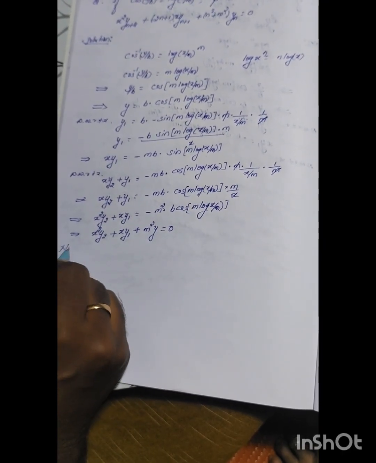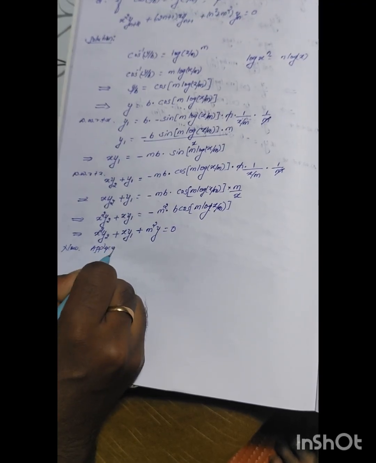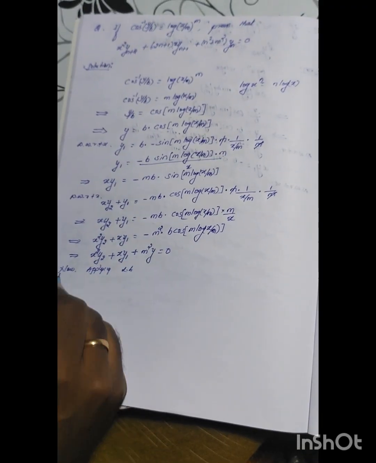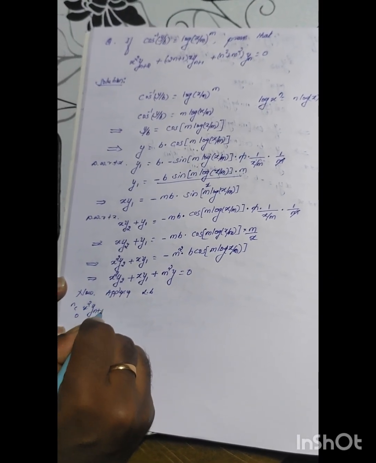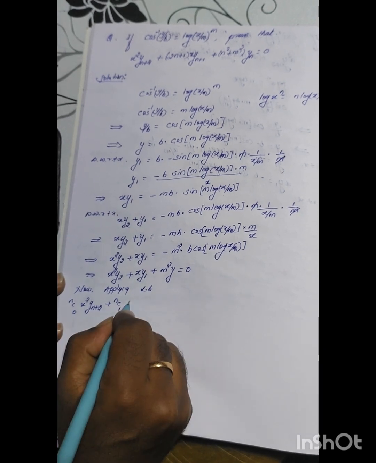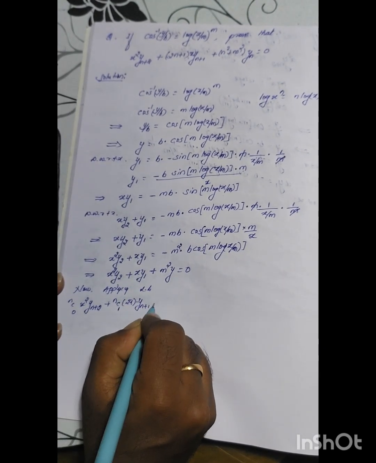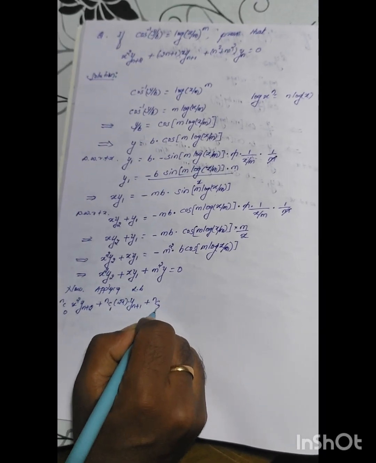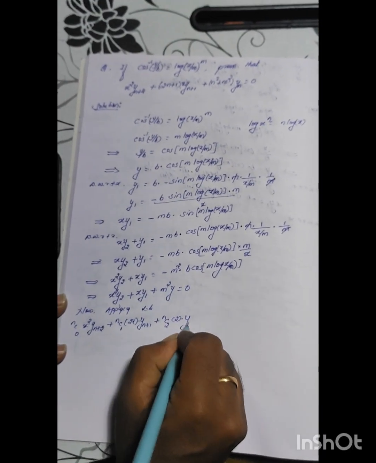Now we will apply the Leibniz rule. Now applying the Leibniz rule, what happens? So this will be nc0 x square into yn plus 2 plus nc1 derivative of x square is 2x into yn plus 1 plus nc2 derivative of 2x is 2 into yn.